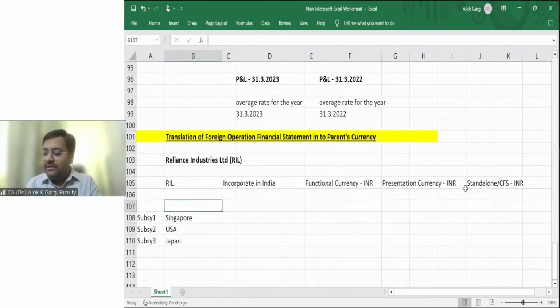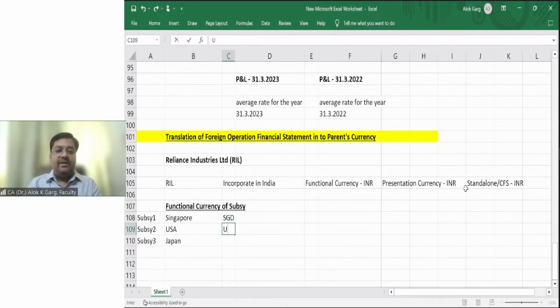Now, what is the functional currency of the subsidiary? In Singapore, it is Singapore dollar, SGD. In US, it is US dollar. In Japan, it is Japanese yen.